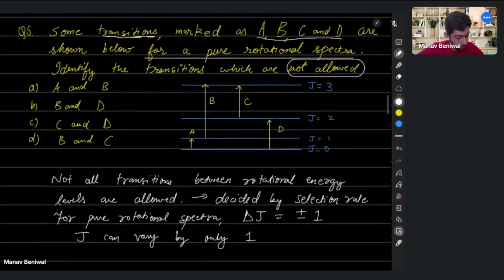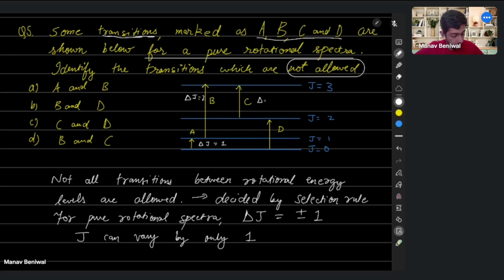So here for option A, we see that it is going from 0 to 1. So here delta J is 1. So this is all right. For transition B, here delta J is 2.